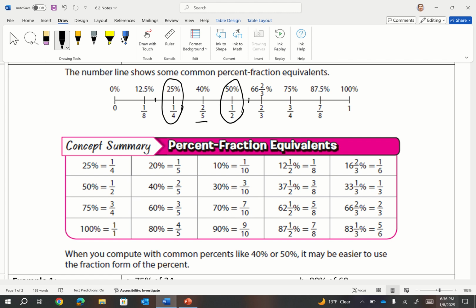Stuff like that. Let's say we want to know 5/8. I know you already see it listed here. Let's say you didn't know 5/8 was 62.5%. Well, we know 4/8 is 50%. Maybe we know 1/8 is 12.5%.